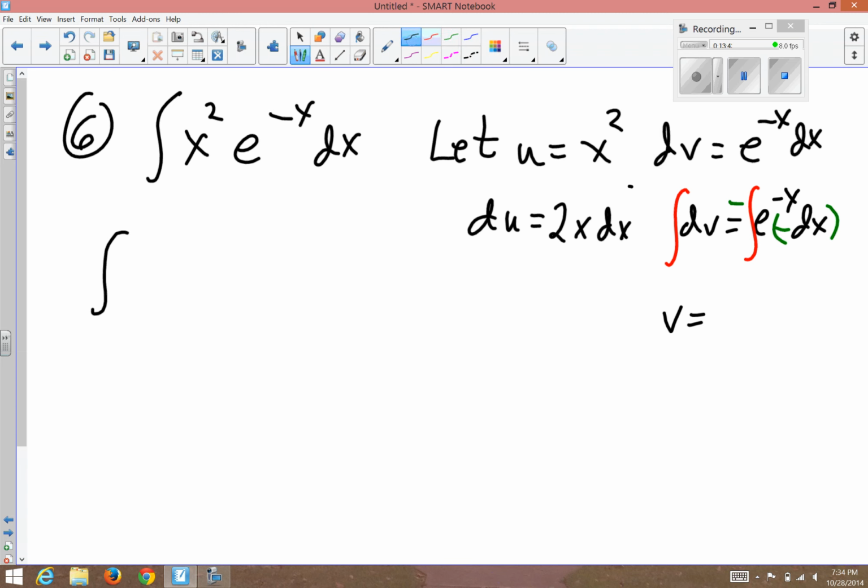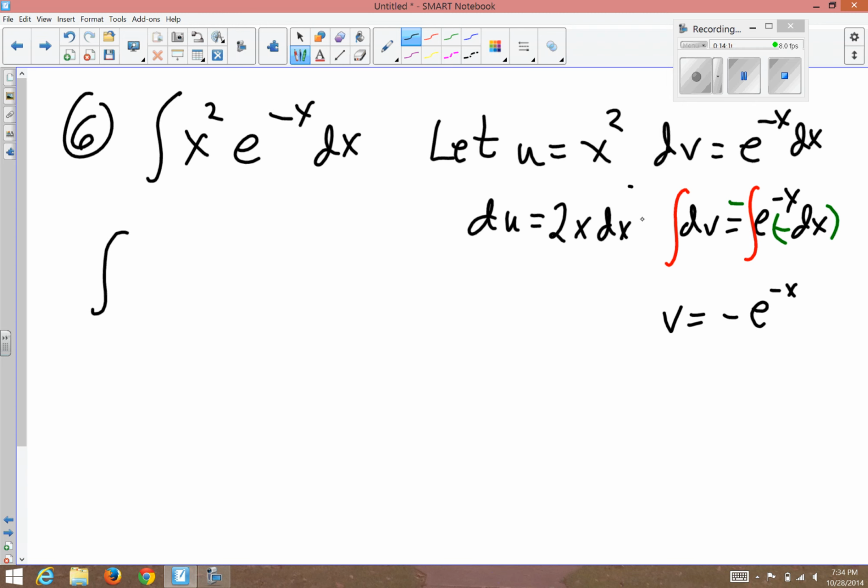So this is now, in my mind, the integral of e to the w dw. I might have said u a second ago, but you should use a different variable here. That's e to the w dw. And the integral of e to the w dw is just e to the w plus c. Don't write plus c there.